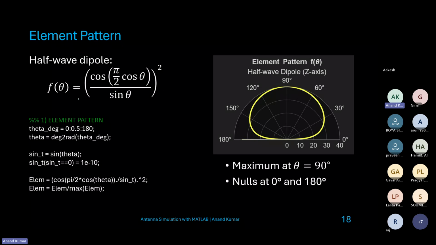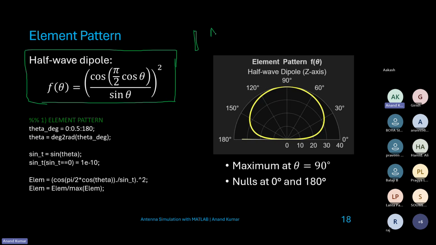But before that, the script that I have shared also includes some analytical calculations, so let me go through that as well so that it does not feel unfamiliar. If you refer to the theory textbook, it will show you that the half-wave dipole has this radiation pattern, which comes after a long derivation. You start with a dipole, calculate the vector potential, and from the vector potential you get the electric field.